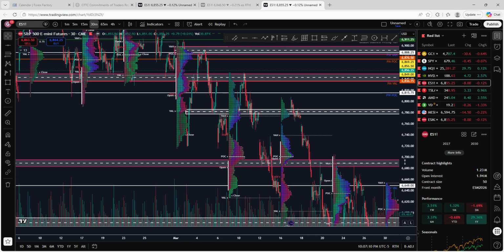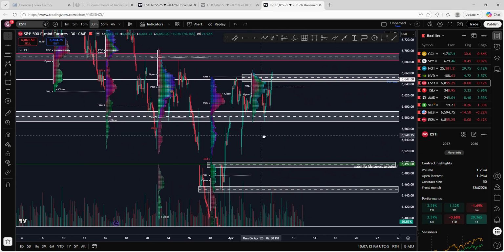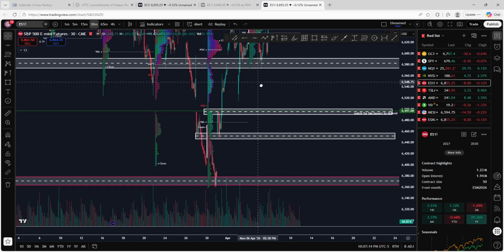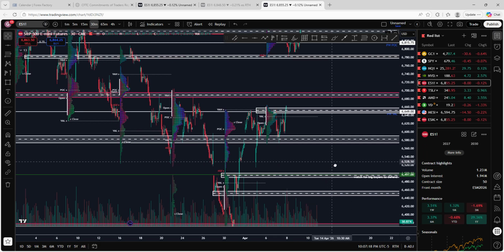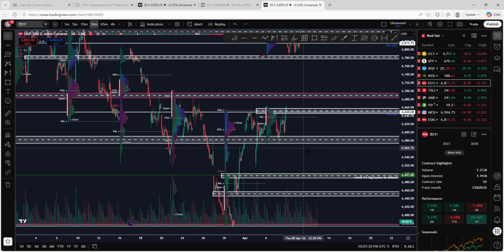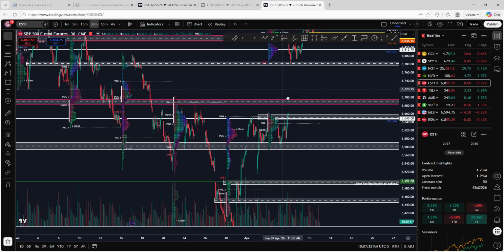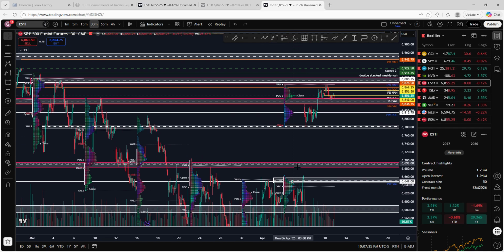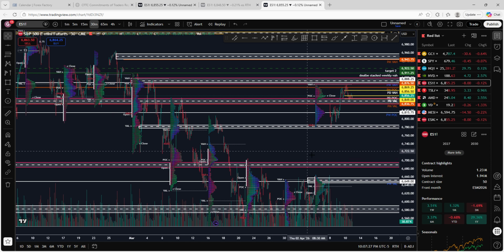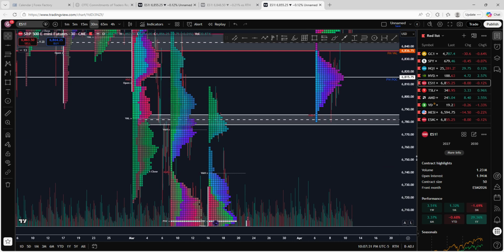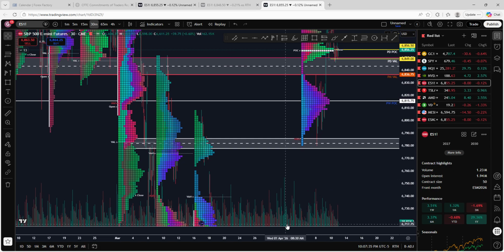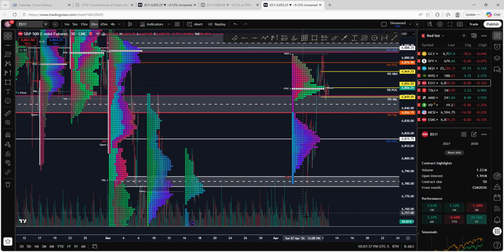I don't really look at TPO that much, honestly. For the weeklies and the monthlies, I've found myself paying less and less attention to them. Where I really do look at TPO a lot, I really just look for a big ledge, like a massive ledge. That's something that I'll pay attention to.